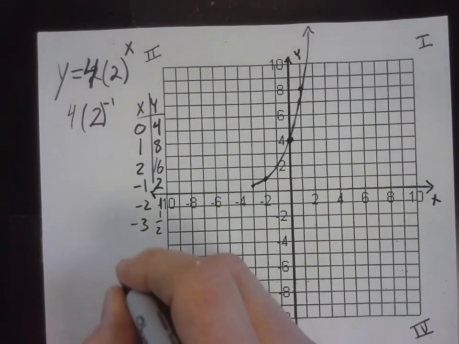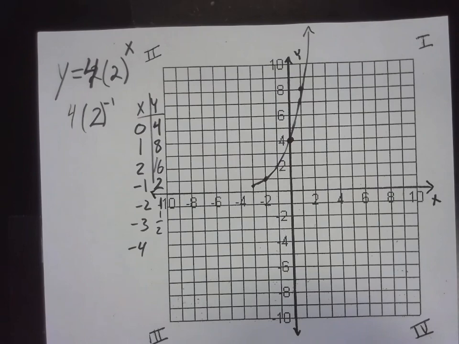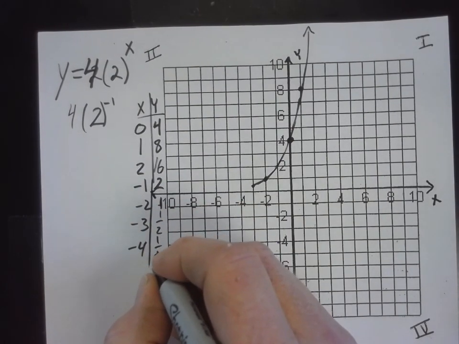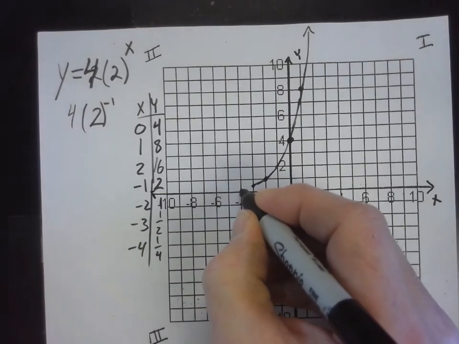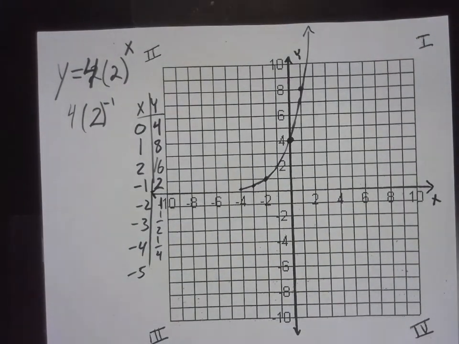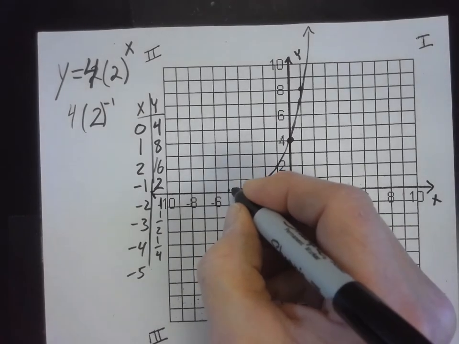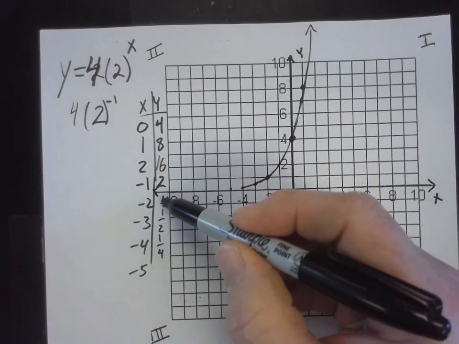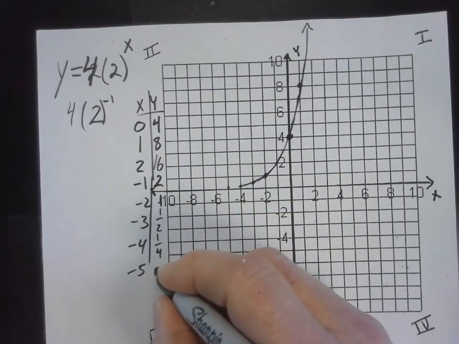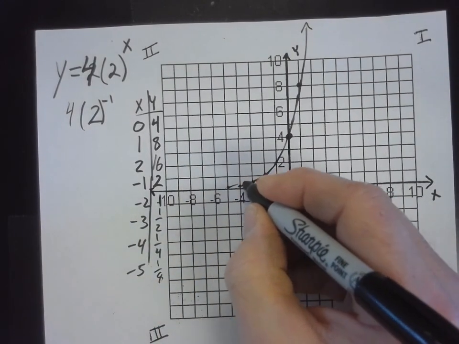Okay, put a -4 in. 0.25. You guys are already ahead of me. So isn't that a fourth? So a fourth. Put a -5 in. 0.125. That's an eighth. I just want you to look at the pattern here, guys. 1, which is 1 over 1. 1/2, 1/4, 1/8. Then what's it going to be?